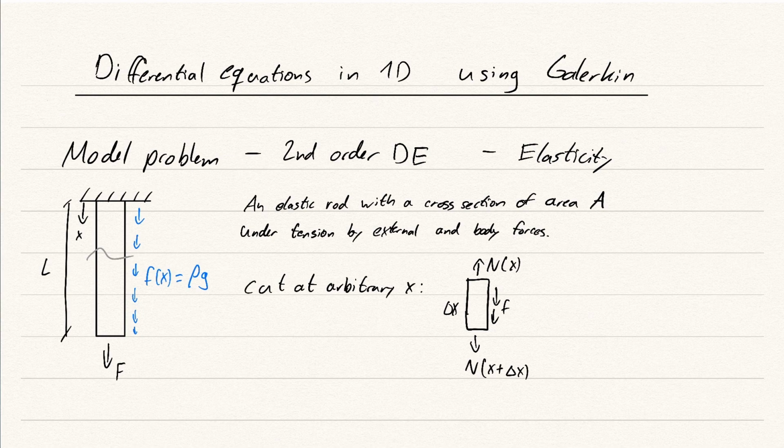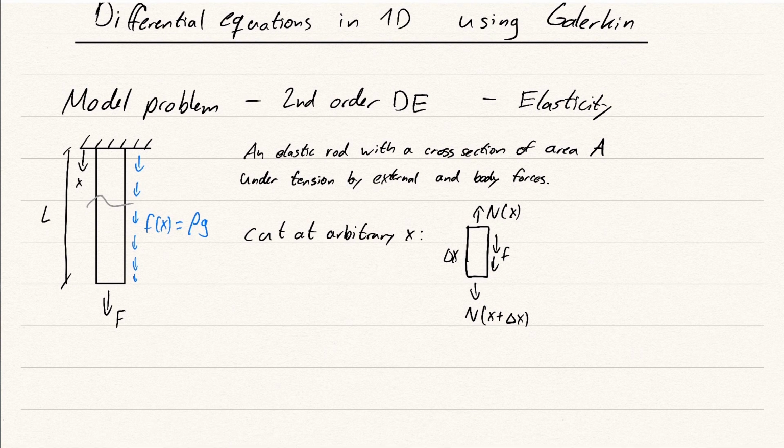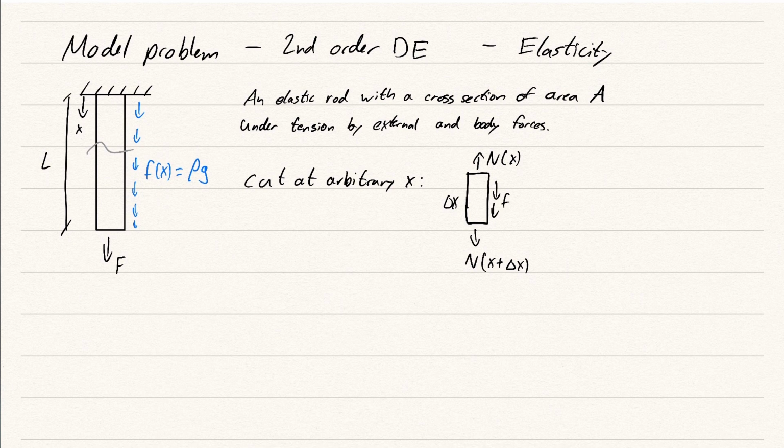Now this equilibrium will give us the following. We create an equilibrium equation. In this direction, we have N of x plus delta x minus N of x, plus whatever this force is, and we have to integrate over the whole region.